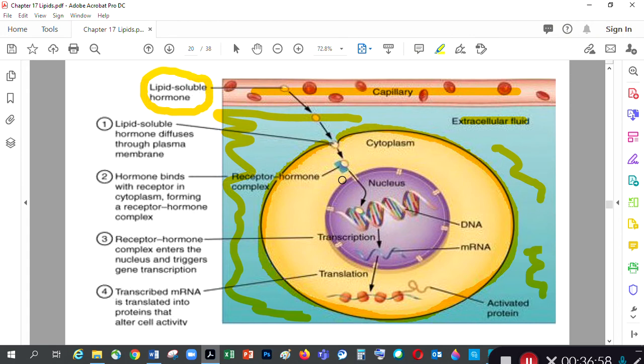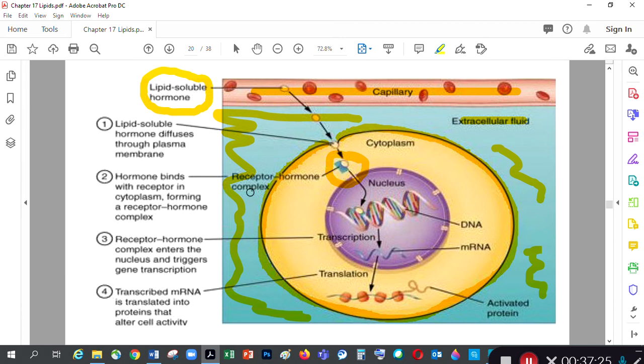So when this lipid goes through the cell, remember the blue one here. Our lipid soluble hormone is the yellow circle, and the blue is the receptor, and they will make a complex.